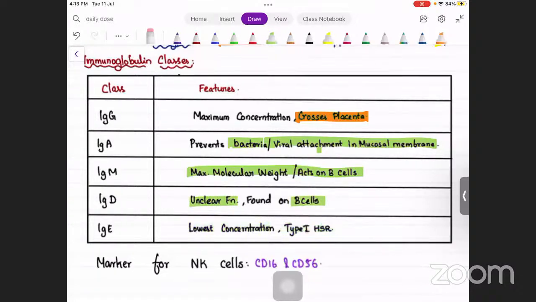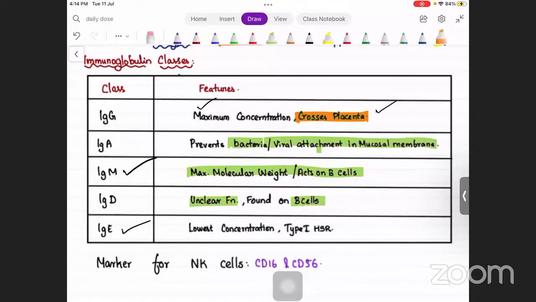So the things you have to remember are: the most abundant one is G, which can cross the placenta; the maximum molecular weight is M; and IgE produces type 1 hypersensitivity reaction.